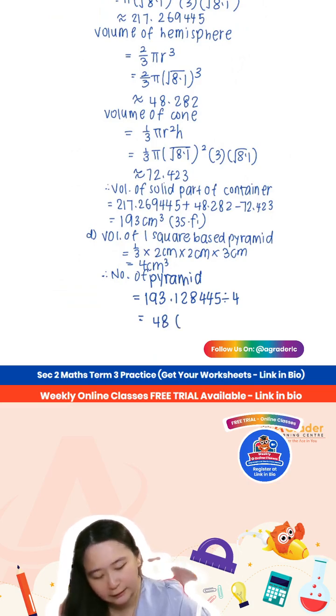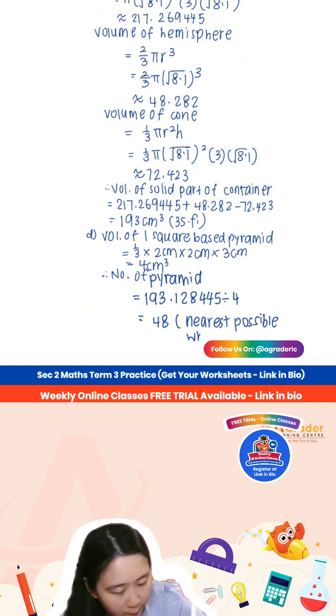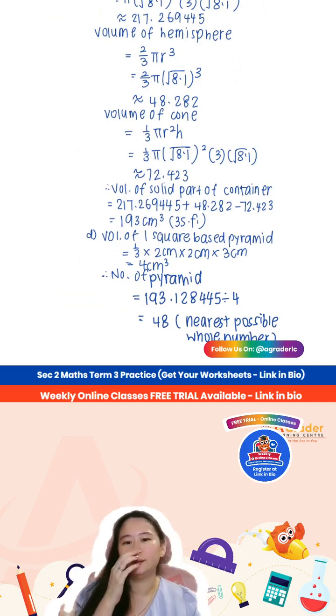You should have 48 of them. So the nearest possible whole number should be rounded down. You can't have more.